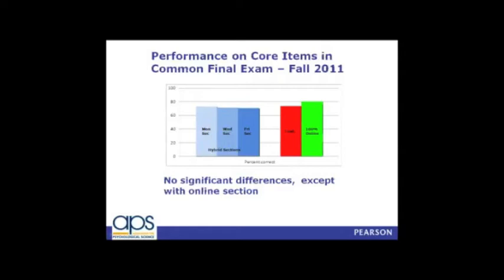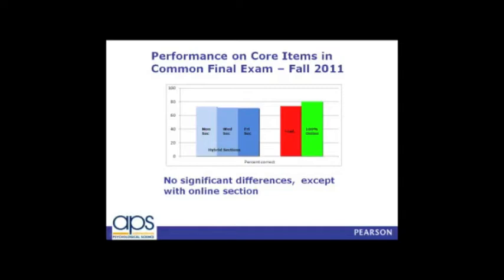When we look at the differences here, in the hybrid sections and traditional, again, there was no significant difference. Unfortunately, they performed uniformly poorly. The online course, again, scored significantly higher on these 20 items.